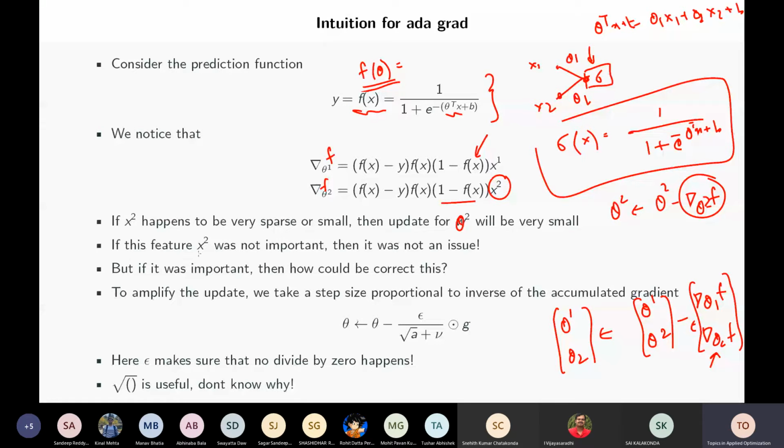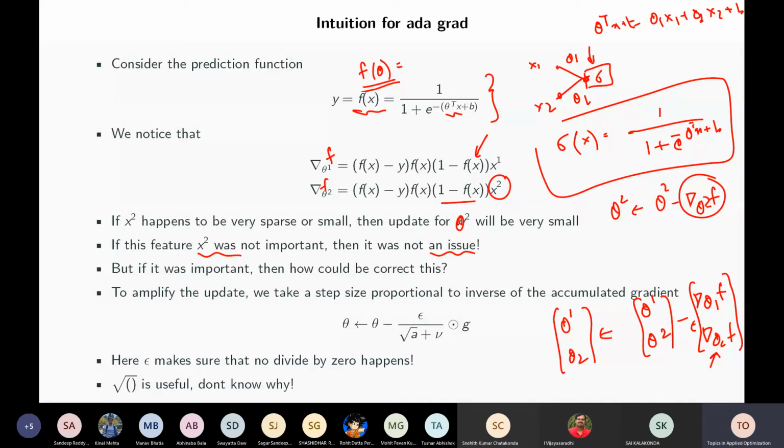But if x2 was not important, then it's not an issue, because we don't really care about the update based on that feature x2. If I'm building a neural network model for housing price predictions, then maybe a few things may not be very important.